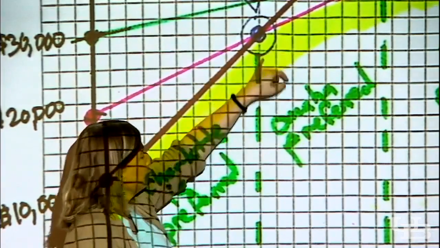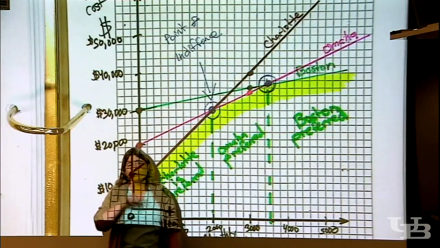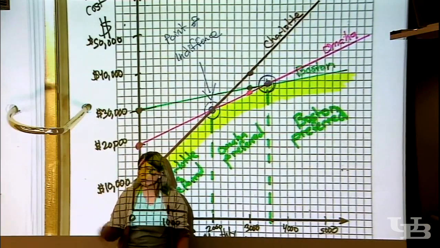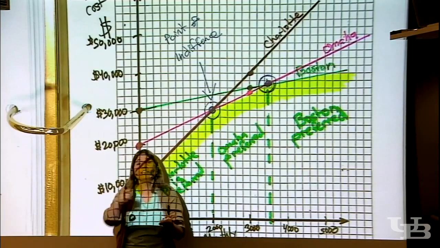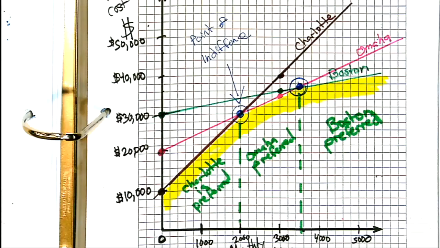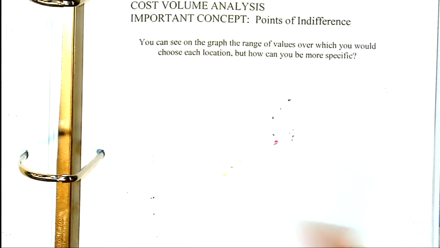Because if the volume happened to be, like here, it looks like it's about 2,000, if the monthly volume happened to be that number, you wouldn't care. The cost would be the same. You'd be indifferent. And once we realize that is what that means, you could reason out exactly what the points of indifference are.